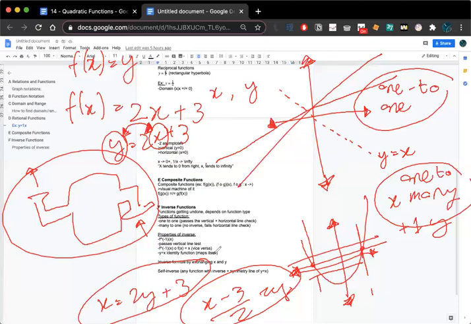So since it's a reflection in y equals x, there are also some cases when functions have the same formula as their inverse.